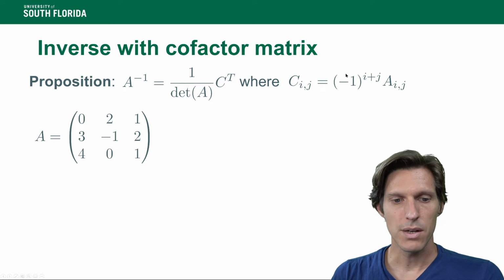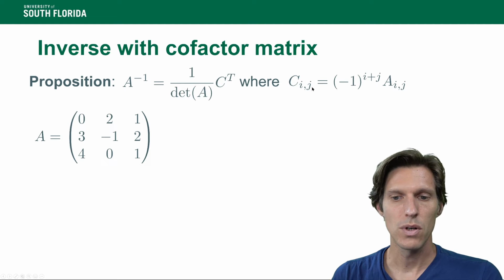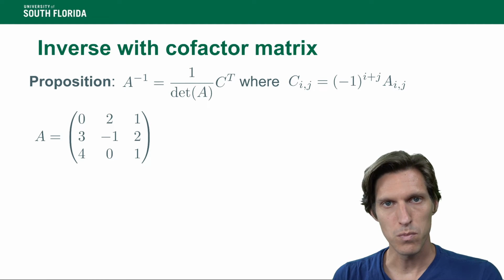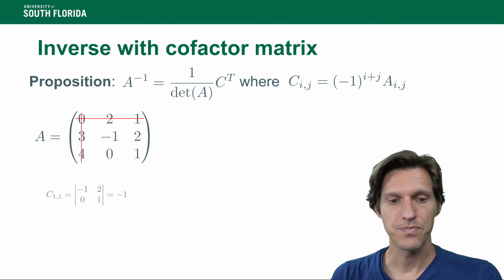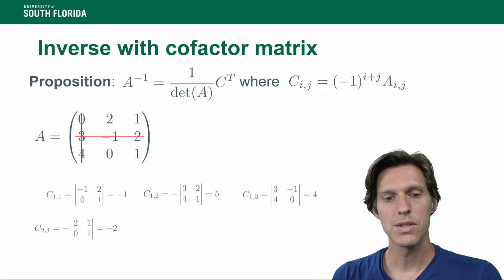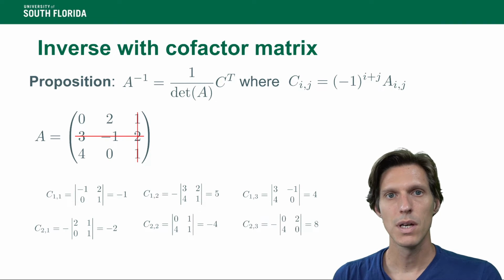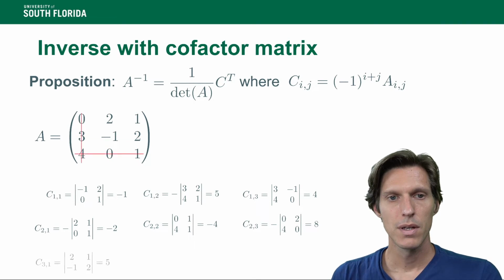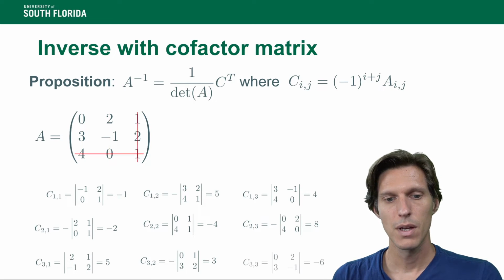So let's calculate this. We're going to have to calculate all possible cofactors here. We have only 2 by 2 determinants to calculate, but we're going to have to calculate 9 of them. So C11 is -1, and then we continue. So C12, and then C13, and C21, C22, C23, and C31, C32, and C33.